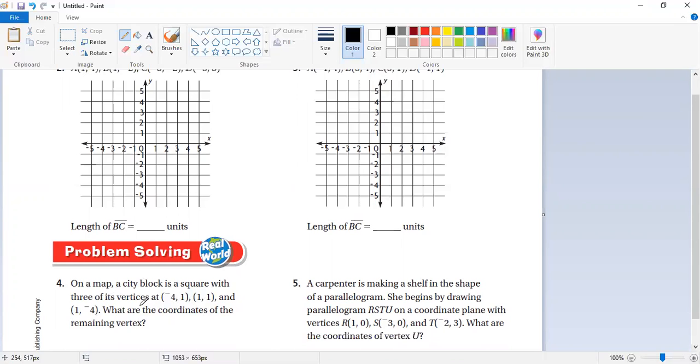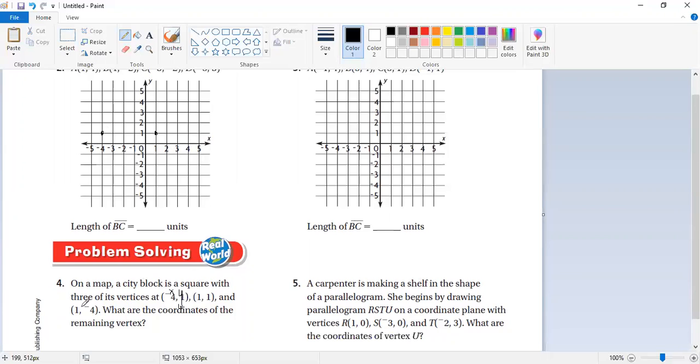So first we will start by drawing these points. Let's start with (-4, 1), which means the value of x is -4 and the value of y is 1. So where is -4 for x? It's here. And then 1 is up here. So this is the first corner of the square. The next one is (1, 1). So x is 1, y is 1. This is the next coordinate.